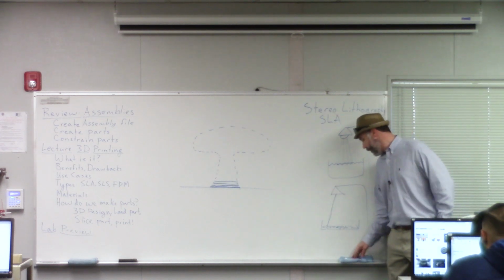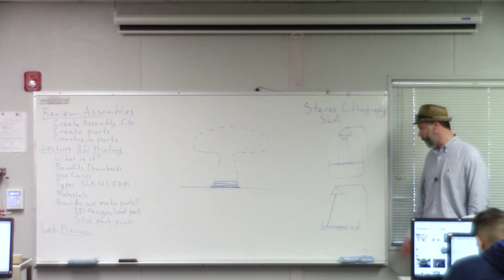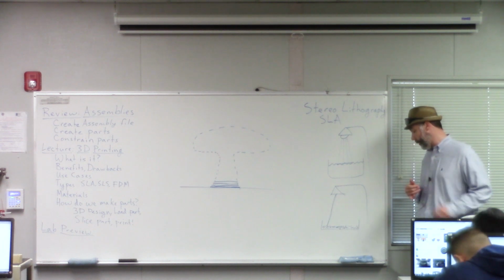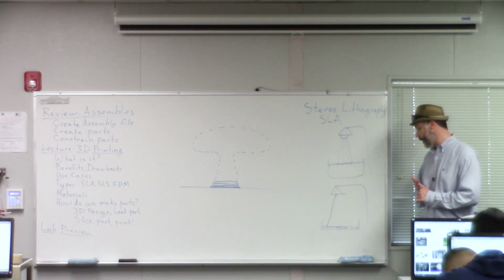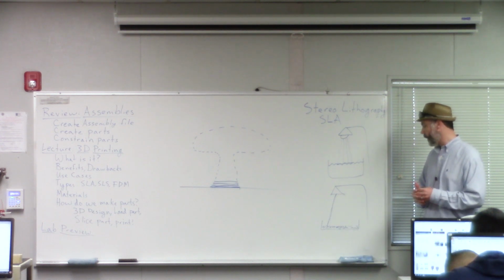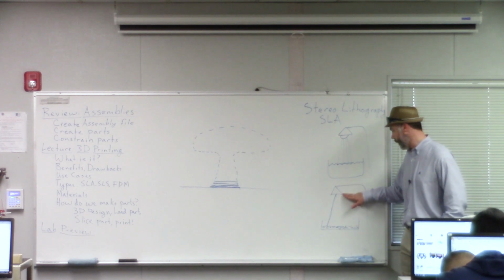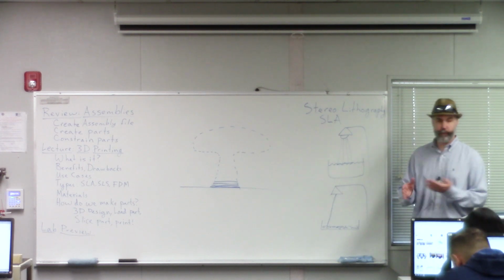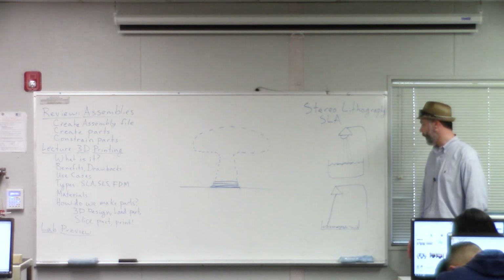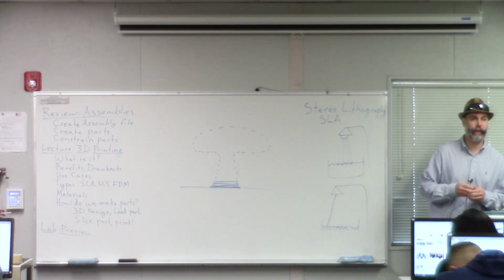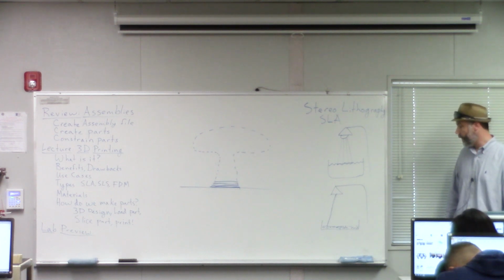So some of the advantages to this are that you can still get pretty fine detail, and you can use a wide variety of materials. You can get relatively smooth surfaces. They're a little bit rougher than SLA, but they're still pretty decent, and there are not a lot of layer lines there in the final product.